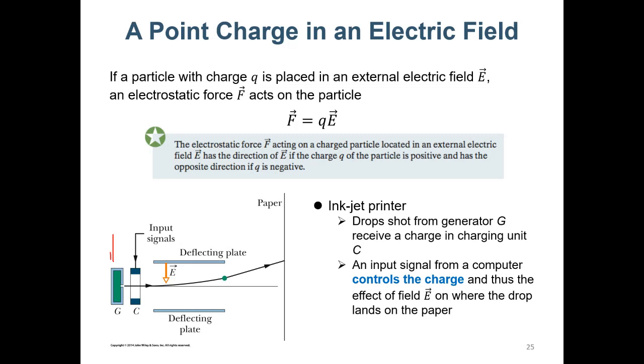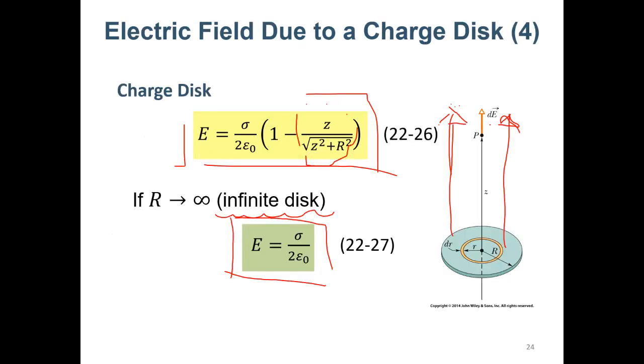It has some ink here. Maybe this one is green. When it inputs here, it adds some charge on the ink. And here we have a uniform E field. That's why it shows this part. It generates an E field.